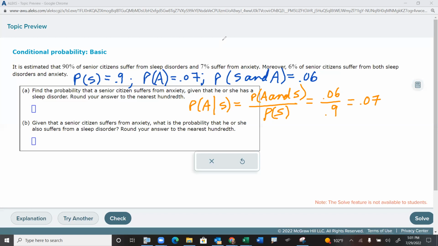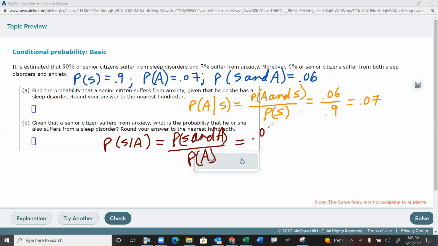Now how about part B? What's the probability that a senior citizen suffers from a sleep disorder, given they suffer from anxiety? Once again, we do the probability of the two of them together, both of them occurring, divided by the probability of the condition, that second thing in the statement.